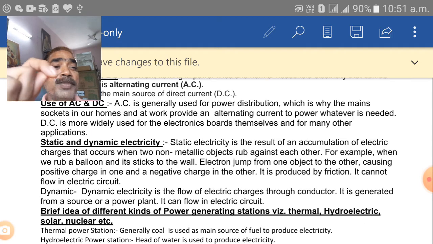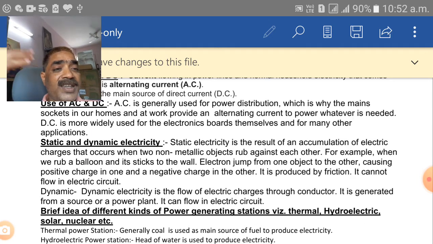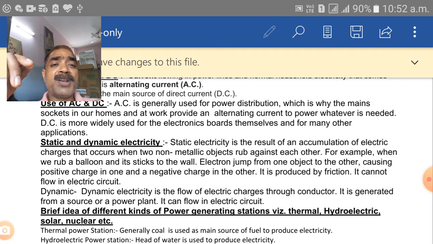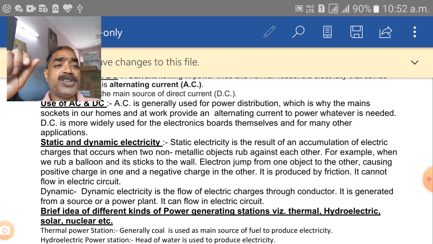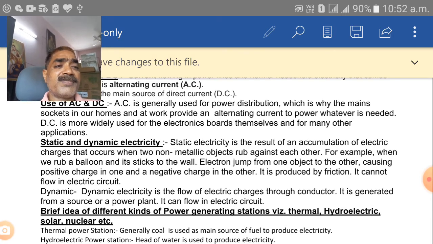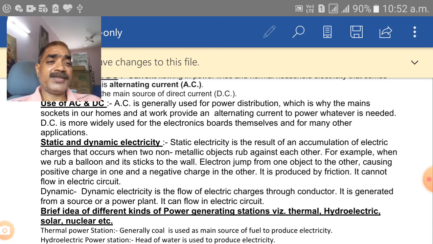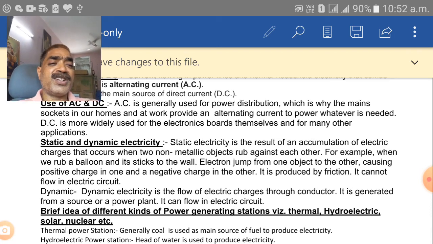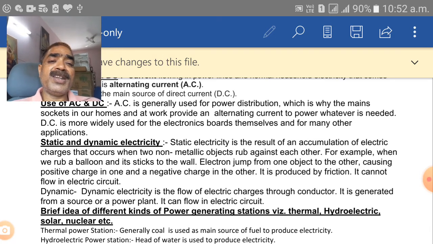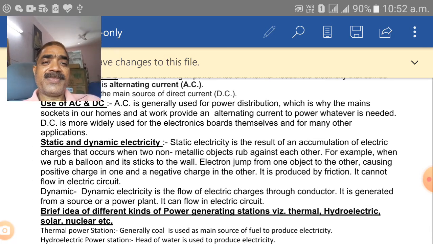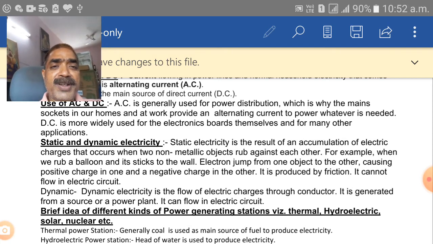So when you rub these against each other, for example, when we rub a balloon and it sticks to the wall, electrons jump from one object to the other, causing positive charges in one and negative charges in the other. It is produced by friction. It cannot flow in an electric circuit. So now you have understood what static electricity is. Static electricity means electricity at rest.